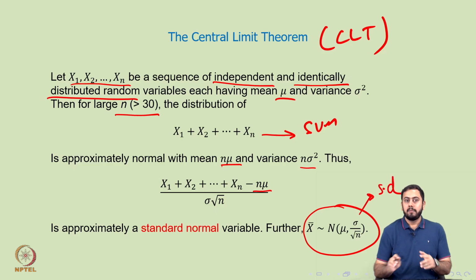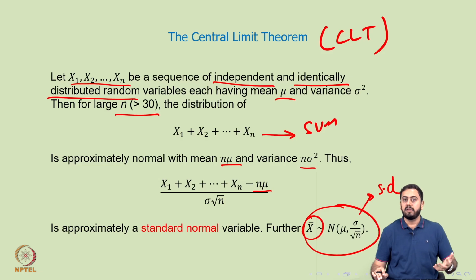To summarize, the important point is that regardless of whichever distribution your actual data fits, if n is large, I can approximate the distribution of the sample mean, x bar, to be normal, or I can approximate the sum of the random variables to a normal distribution, which is a very powerful rule.